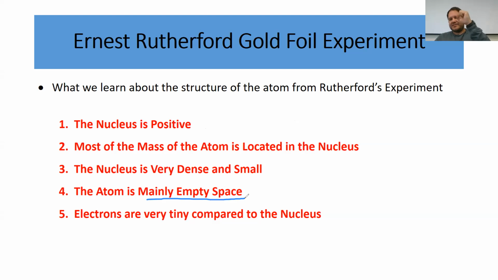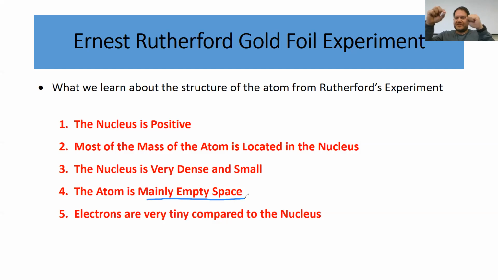You essentially have the nucleus in the center being as small as it is, and then the rest of the atom is empty space. So where exactly are these electrons? Well, Rutherford visualized the electrons as little teeny dots of particles around that nucleus in some manner. Knowing that the electron is negatively charged and the nucleus is positively charged, the electron and the proton have some type of electrostatic attraction, using that electrostatic force that we've talked about.